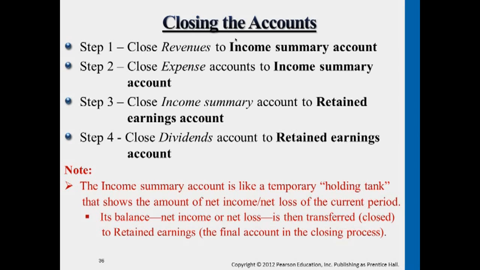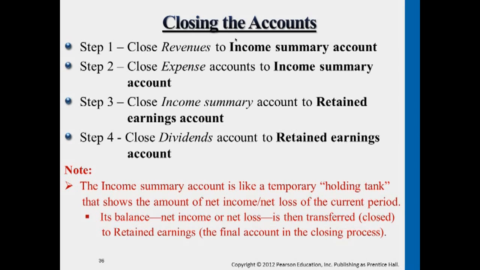Okay, so what we're doing in the third step is to close income summary and transfer the amount to retained earnings. What that means is really transferring net income. So by this amount, it's pretty obvious that the company has net income here, worth $3,000. Now we want to immediately close out this account.